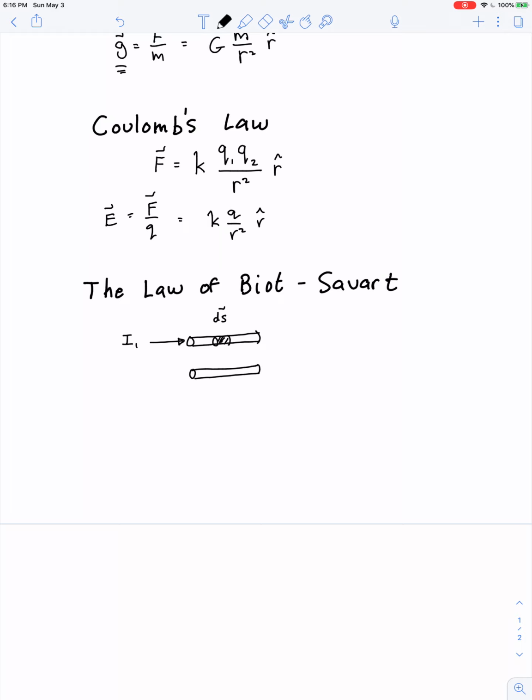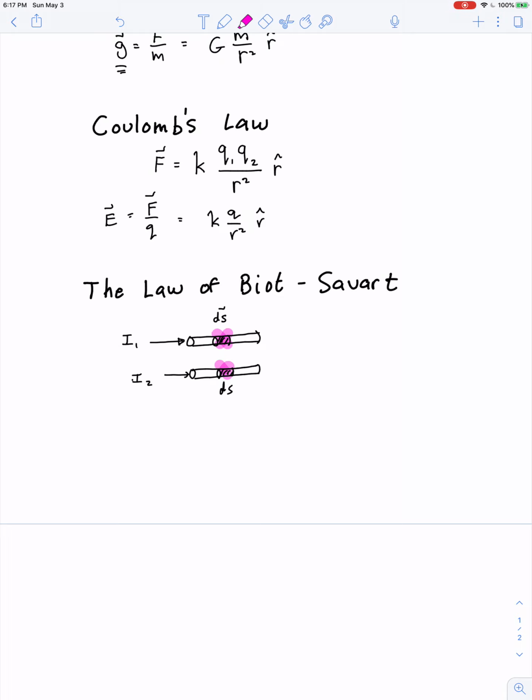It also carries some amount of current flowing to the right. We'll say that amount of current is I2, and that current flows through just a small region, ds. Then this region of the wire and this region attract one another.